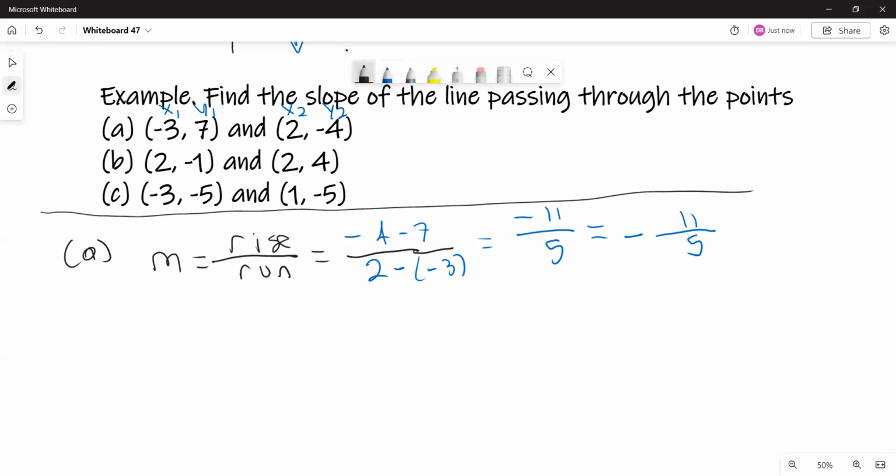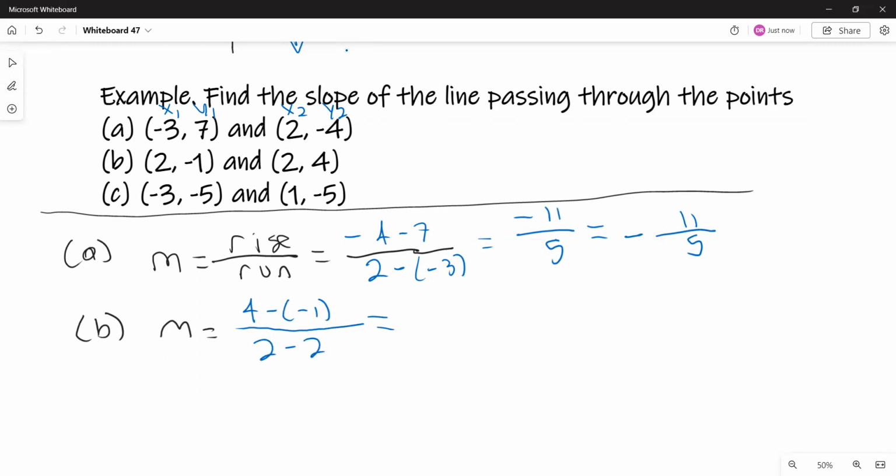B. The rise, or the vertical displacement, is going to be 4 minus -1, divided by 2 minus 2. So that line is going to be vertical. So 4 minus -1 is 5. 2 minus 2 is 0. You have division by 0, and the slope is undefined.